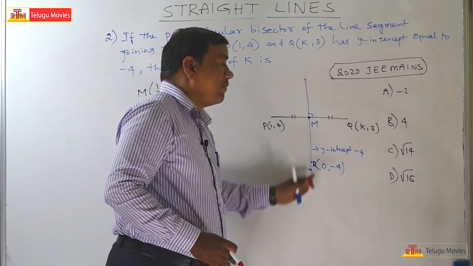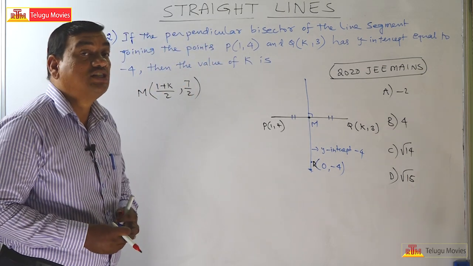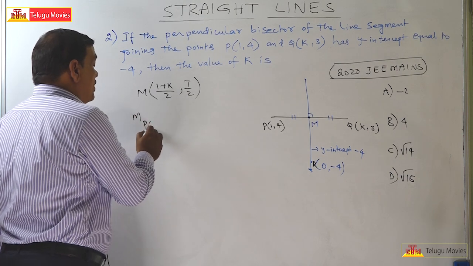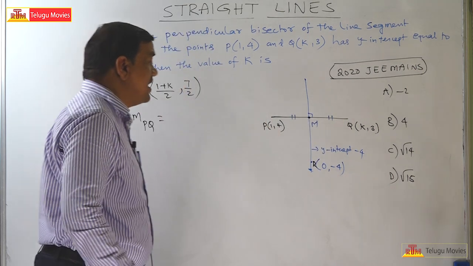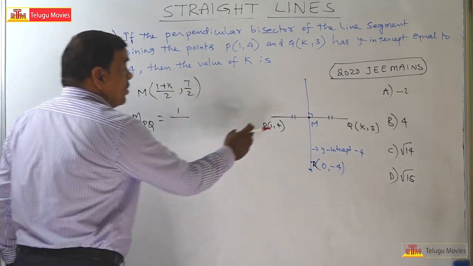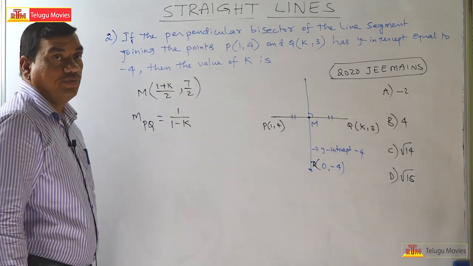We know the property that if two lines are perpendicular, the product of their slopes is equal to minus 1. What is the slope of PQ? The slope of PQ is equal to (3 minus 4), otherwise (4 minus 3), upon (1 minus k), which is 1 by (1 minus k). So, this is the slope of PQ.